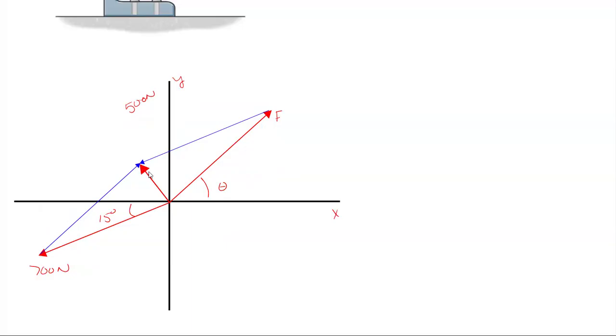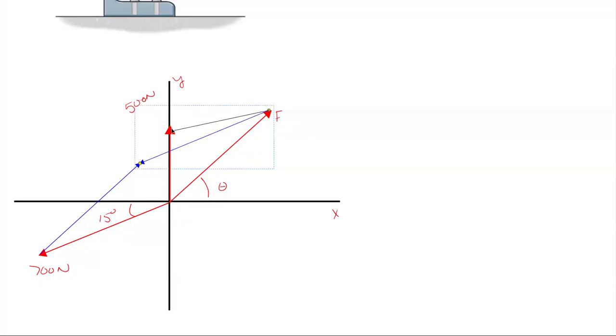Now, in this particular problem, the reason why it is not going to be like this is because we are not to scale at all. If you had everything to scale, this is what your components' parallelogram with your resultant force from corner to corner would look like. But we are told it has to be along the y-axis. And the reason why it's not to scale is because we have no idea what that F force actually is.